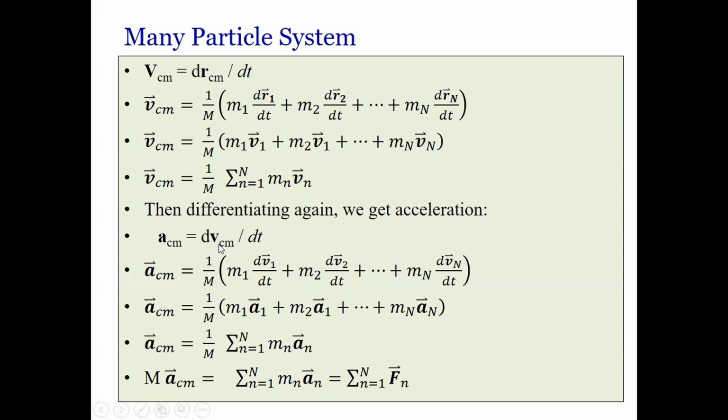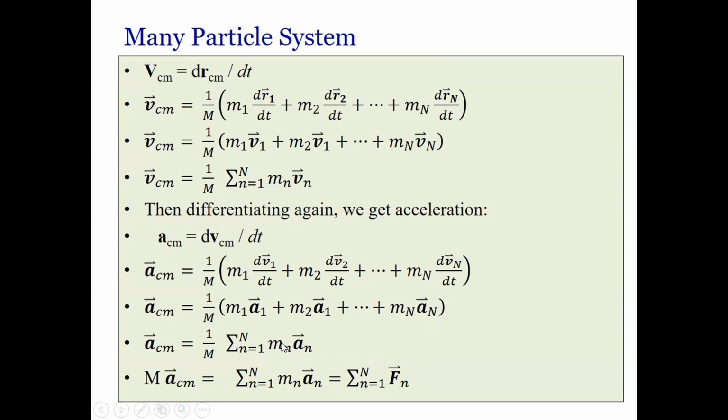Acceleration of the center of mass is dv center of mass divided by dt, and it is similarly given as m1 times the derivative of the velocity of particle 1, m2 times the derivative of the velocity of particle number 2, and so on, which is really m1 a1 plus m2 a2 plus m3 a3 and so on until mn an.